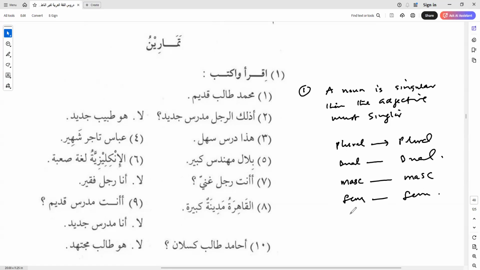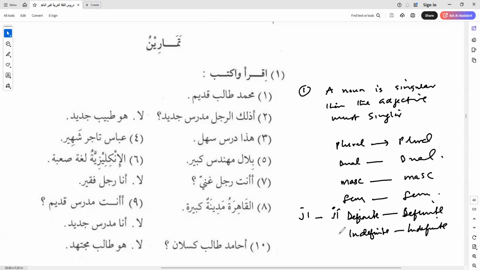So there's matching. If the noun is definite, then the adjective must be definite. If a noun is indefinite, then the adjective must also be indefinite. For instance, if the noun has al, then the adjective must have al.